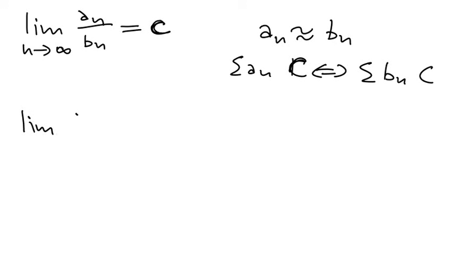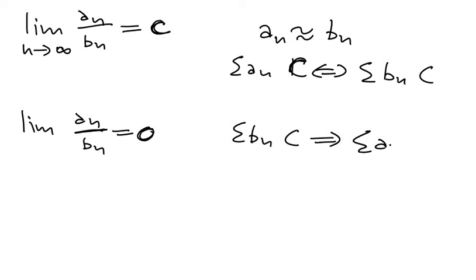So meaning that the sum of an converges if and only if the sum of bn converges. And if this limit is equal to 0, then an is much smaller than bn. bn is larger and larger, and it will beat an. So meaning that bn is larger, so if bn is converging, then an converges too.